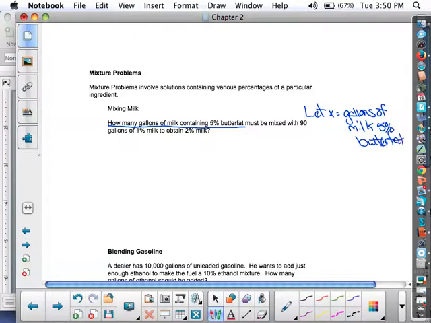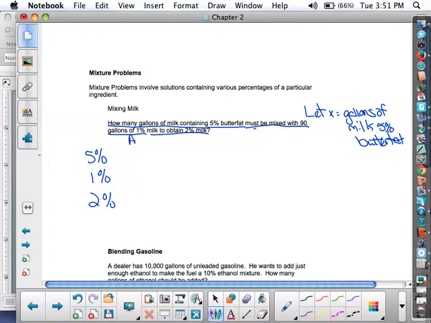And I like to set up a table for these types of problems. So I have 5%, and then I have 1%. I'm adding 1% to 90 gallons, and I will have, when I'm done, 2%.